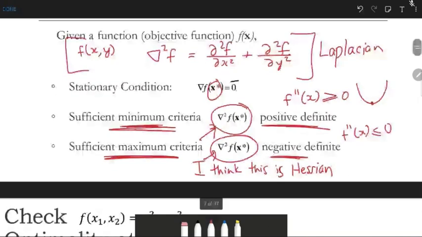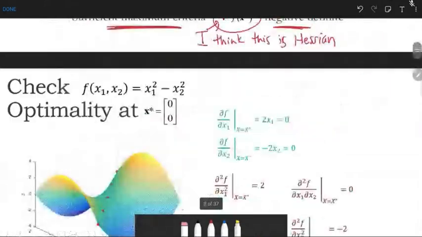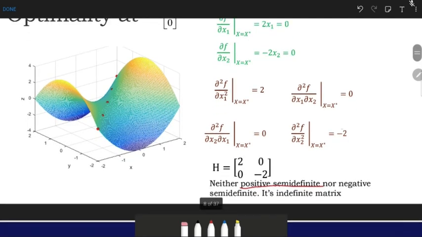So the Hessian and Laplacian are different. The Hessian is a matrix. The Laplacian is a scalar number. We are looking at the Hessian only. How do I find the eigenvalues? Does anyone remember? Since it's a symmetric matrix, I think I can declare that my eigenvalues are 2 and minus 2, right?